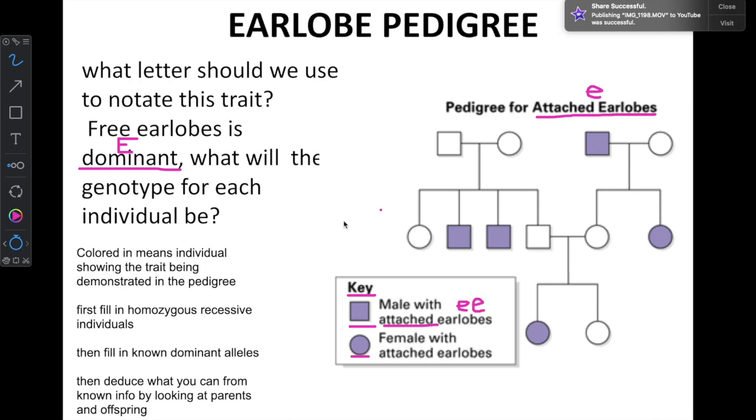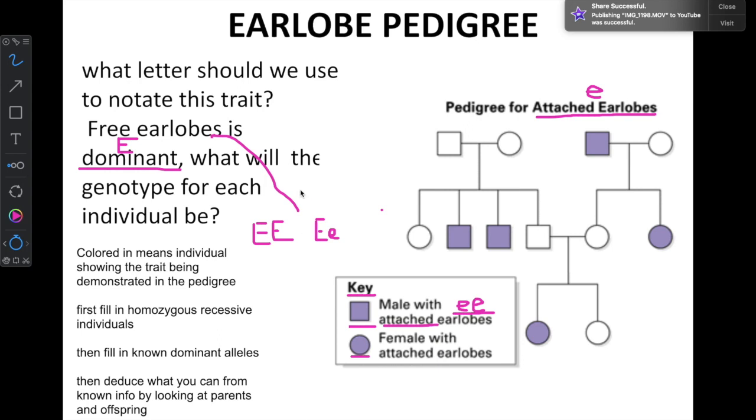So we're going to fill in those genotypes where we see them in our pedigree. If you have free earlobes, you can either be homozygous dominant or heterozygous, so you could be capital E, capital E, or capital E, lowercase e, either one for free earlobes.